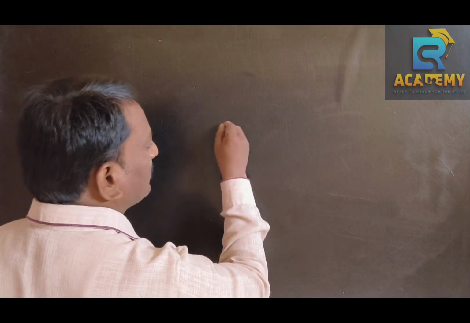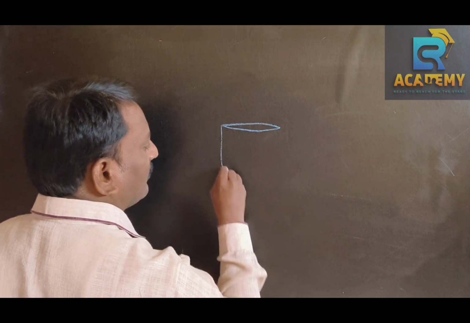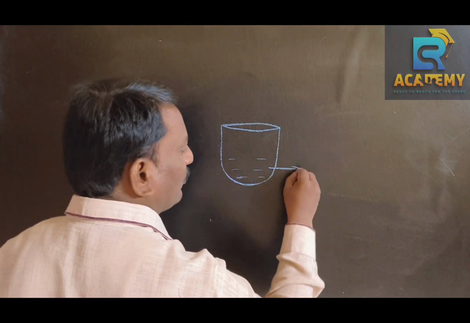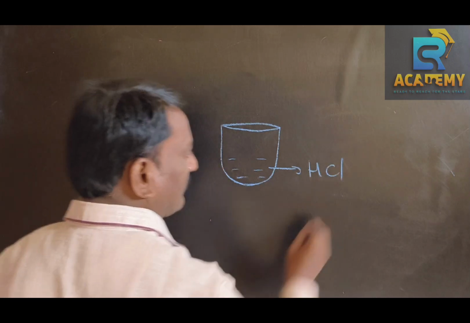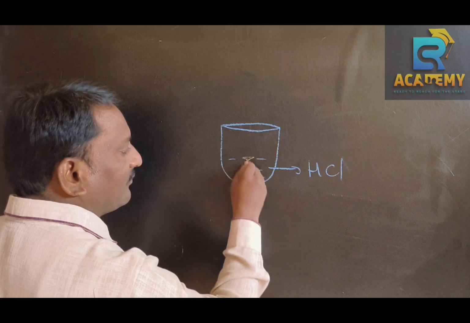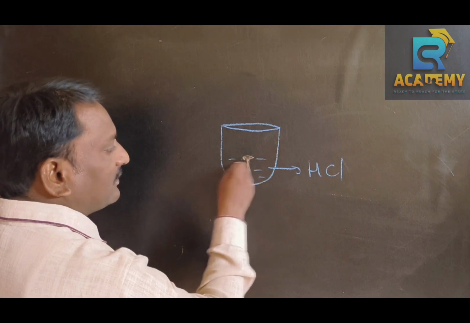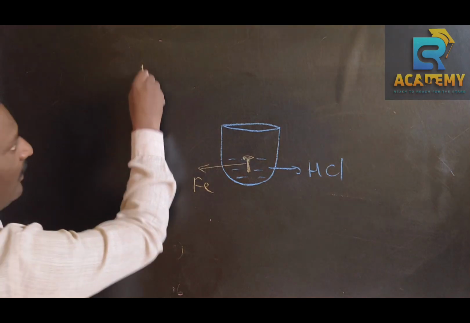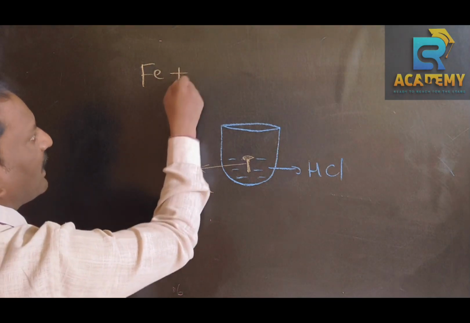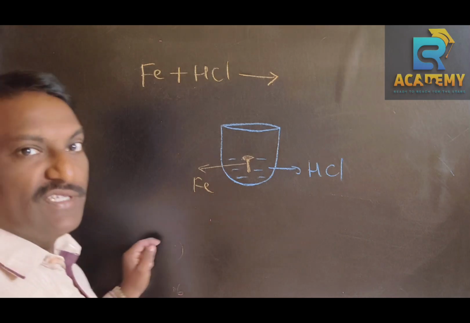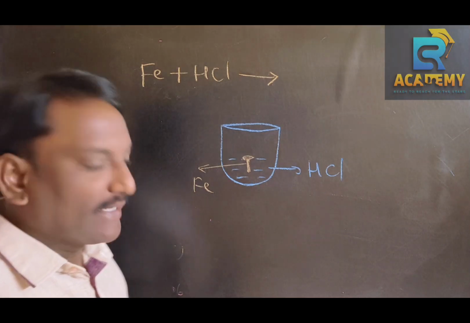So hydrochloric acid, HCl. What will happen when an iron nail or iron filings are added? Iron reacts with hydrochloric acid. This is a displacement reaction.